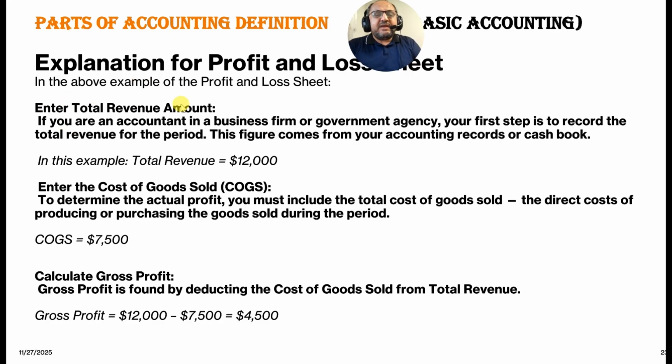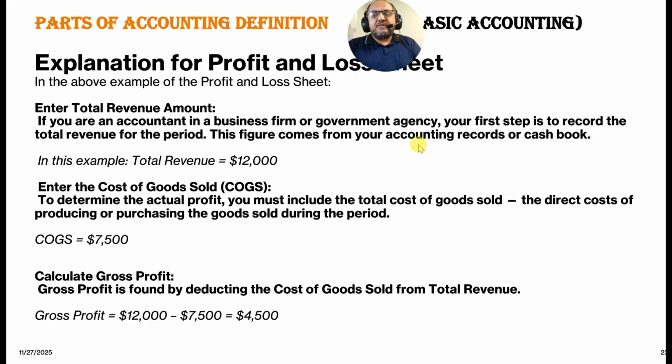So in the above example of the profit and loss sheet, enter the total revenue amount. If you are an accountant in a business firm or government agency, your first step is to record the total revenue for the period.